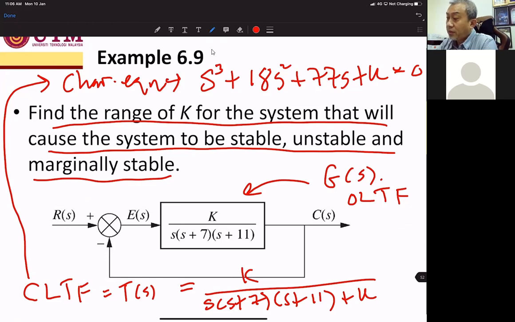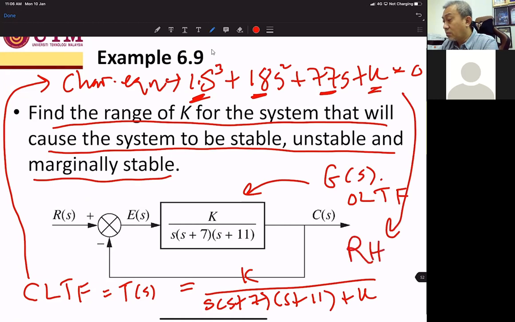This characteristic equation, the coefficients will enter into the Routh-Hurwitz table.